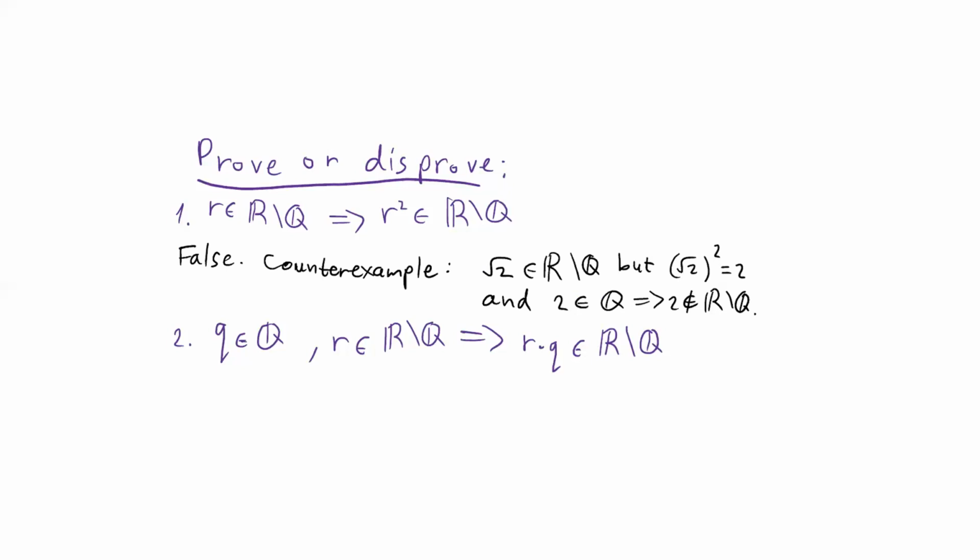Now to the next example. The statement is, if q is rational and r is irrational, then the multiplication is irrational. This statement is also a general statement. For all q in Q and r in R minus Q, r times q is in R minus Q. And this is also false.